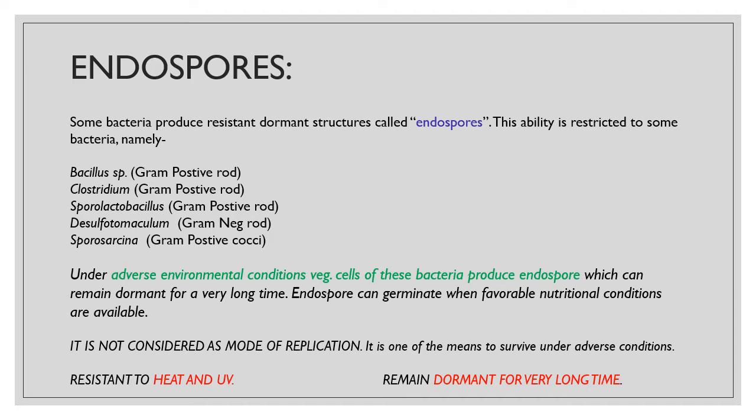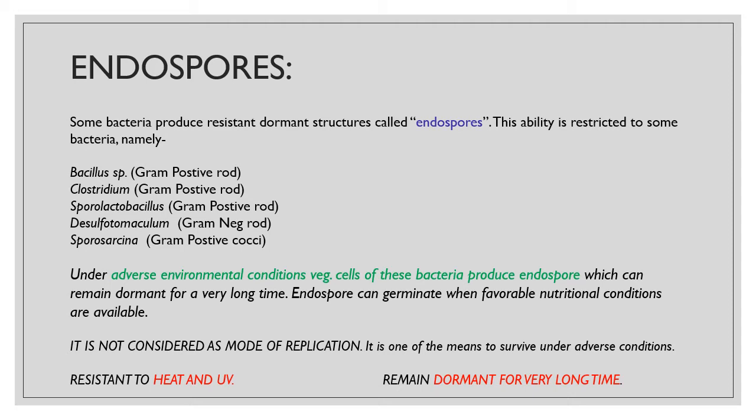Some genera well known for endospore formation are Bacillus, Clostridium, Sporolactobacillus, Desulfotomaculum, and Sporosarcina. Prepare these examples for your Viva, because you may get a question like name some endospore forming bacteria. So you can name these.